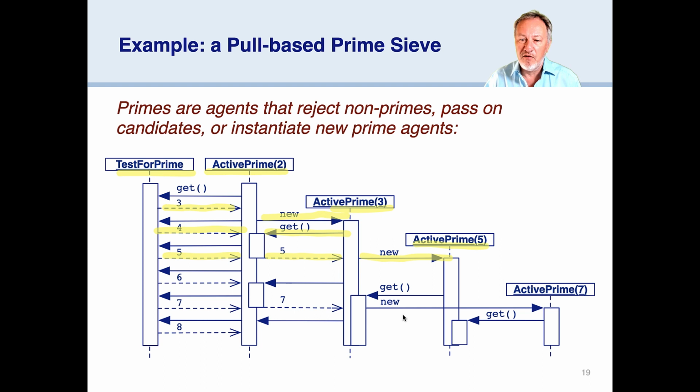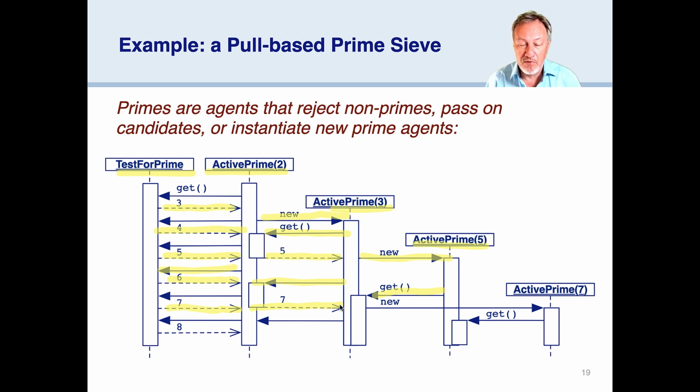And active prime 5 immediately says, hey, do you have a number for me to test? Active prime says, not yet. Why don't you just wait? And active prime goes back and says, hey, active prime 2, got another number for me to test? Well, it doesn't yet. In the meantime, active prime 2 has asked for the number 6, thrown it away, got the number 7, sees that the number 7 is not divisible by 2 and it's bigger than 4, so it passes it on to active prime 3.